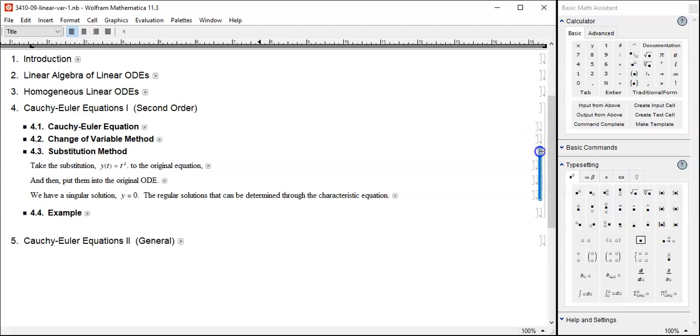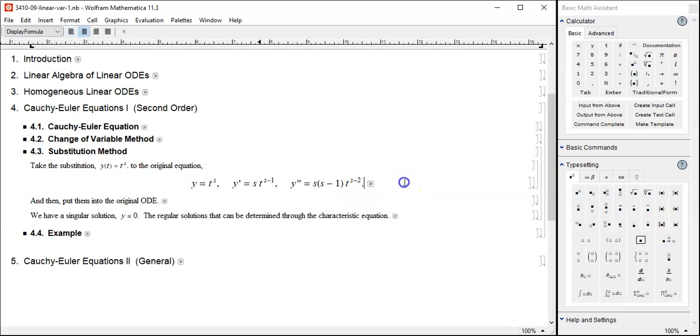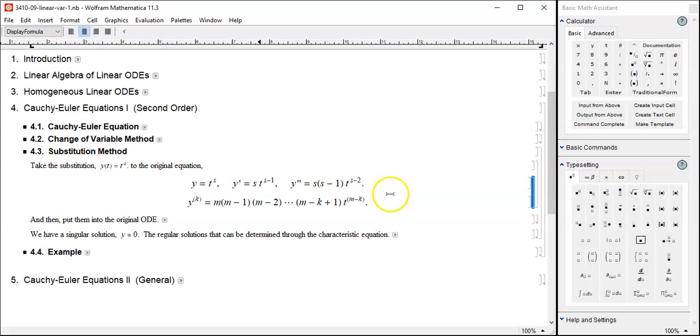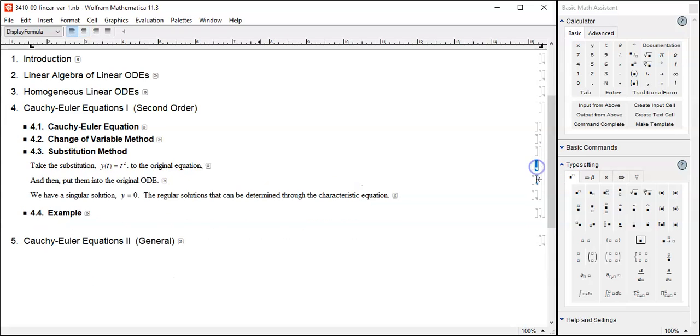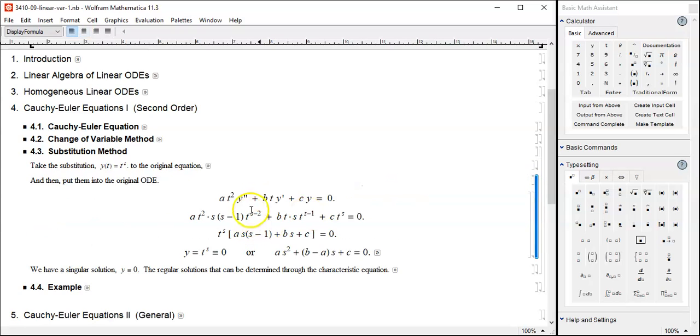How to solve it? We discussed the substitution method, so let's review that. We just make an educated guess, t to the s power, and then take the derivative, second derivative. For higher order, you can take the derivative k times like this, and then put those into the original ODE.